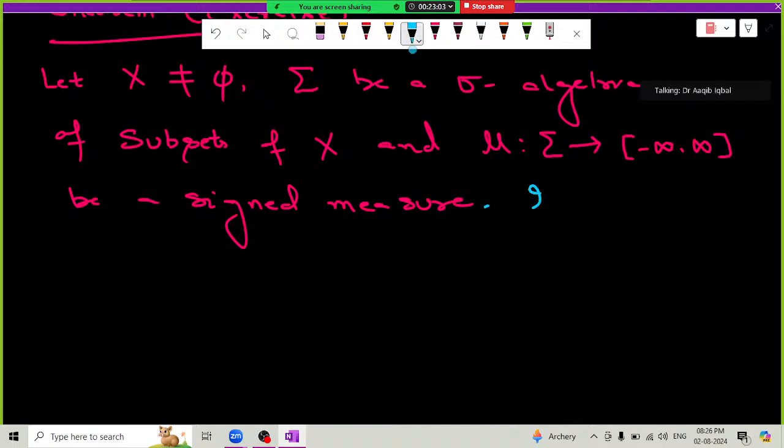Full stop. If B is a negative set, and how do we denote it?